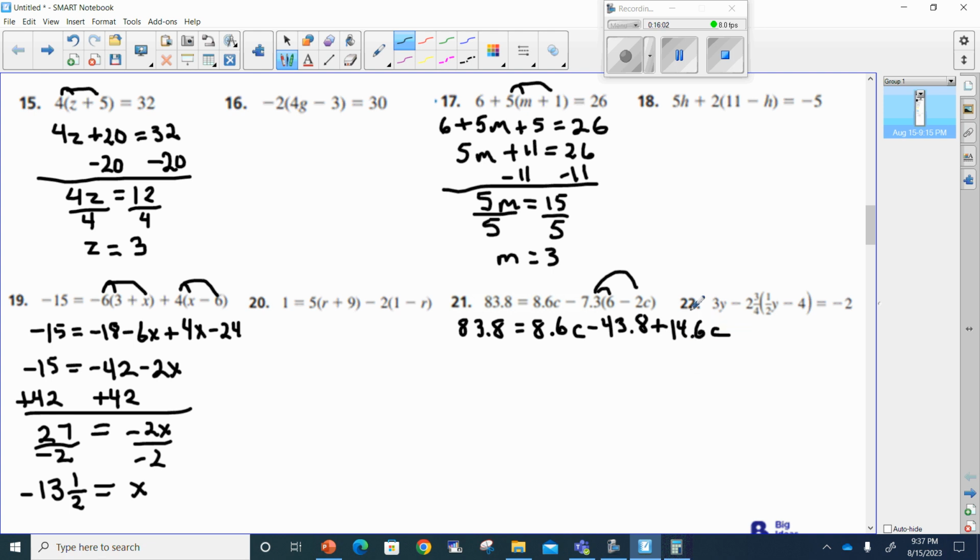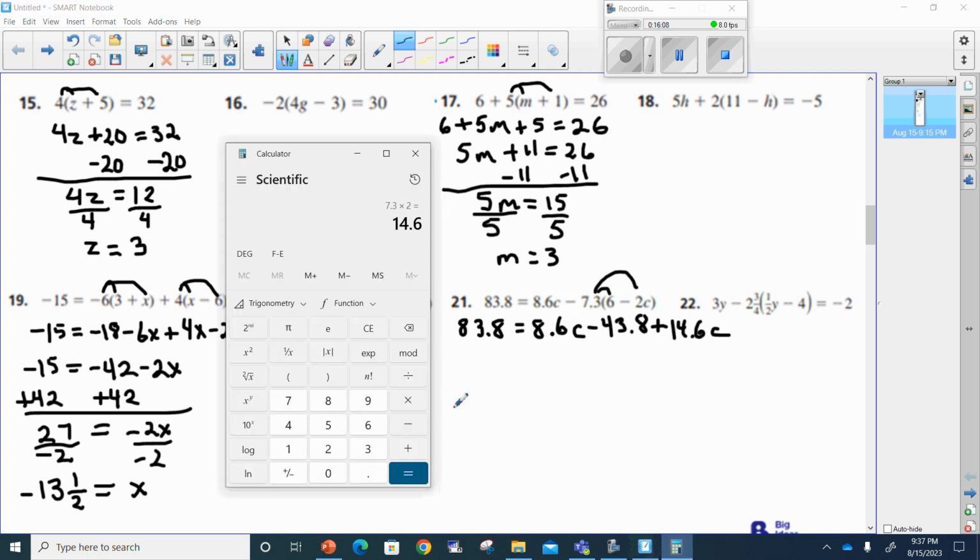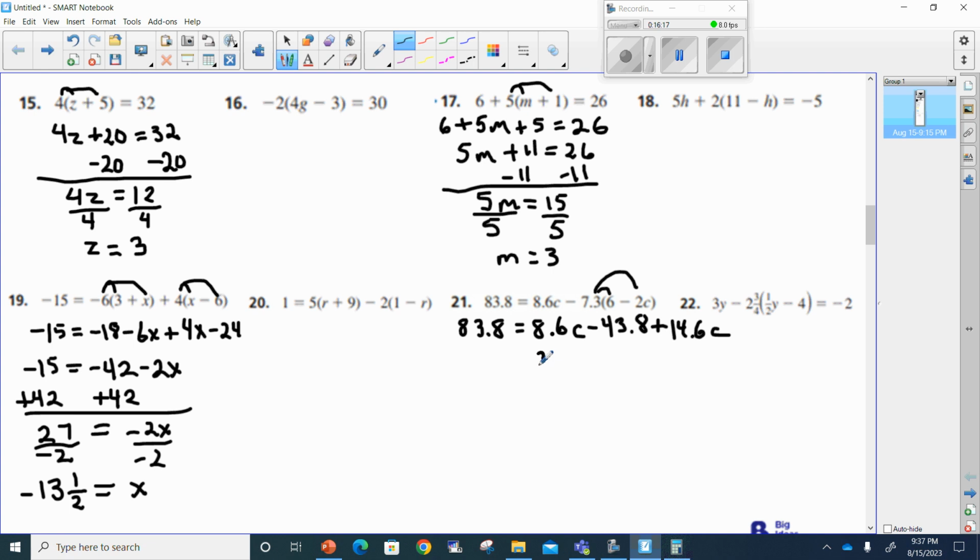All right, I can combine like terms here, because 14.6 plus 8.6 is going to give me 23.2 C. And now we have minus 43.8.